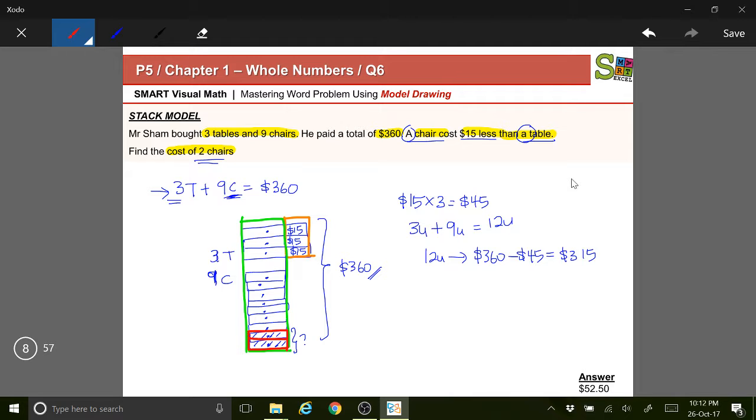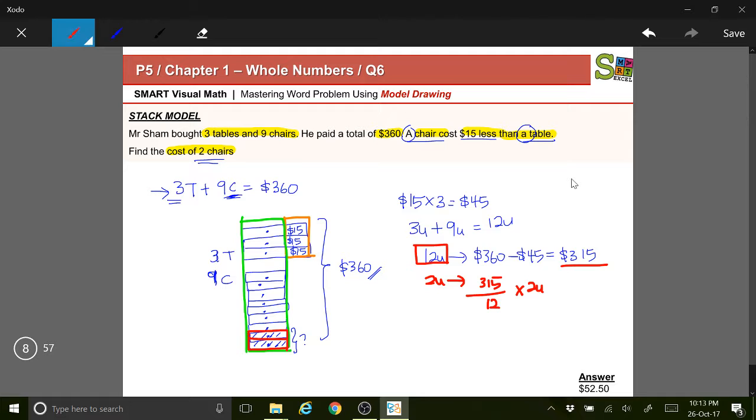If the question is asking for 5 units or 10 units, we find that straight away rather than 1 unit, because it saves time. So for 2 units, this part 315, you divide by 12, then multiply by 2.